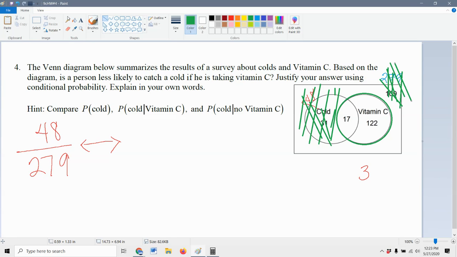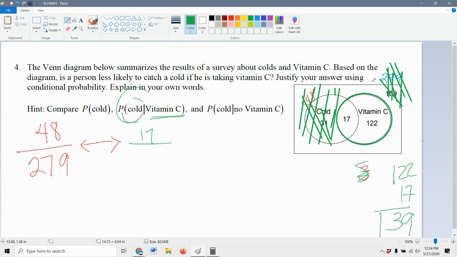So how would we find the probability of someone having a cold given that we're only looking at that vitamin C category? Well, in that category, 17 of those people had a cold. And the total number in this vitamin C category is 122 plus 17.